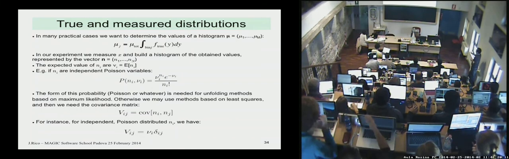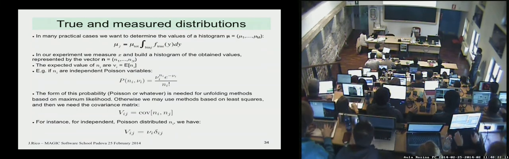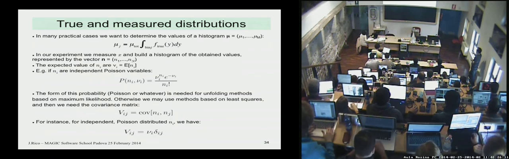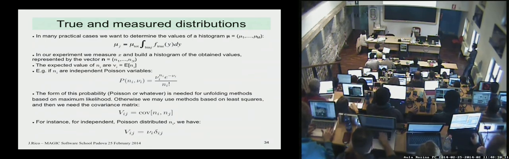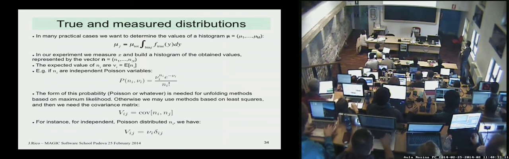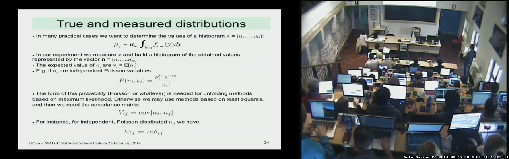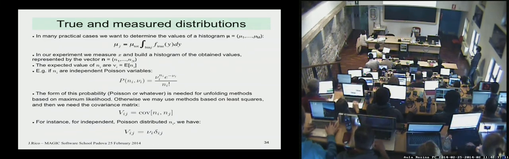Now, in our experiment, what we are doing is to measure with the estimator x and build a histogram of the obtained values. And this we will represent by this vector n with big N elements. N and m don't need to be the same.